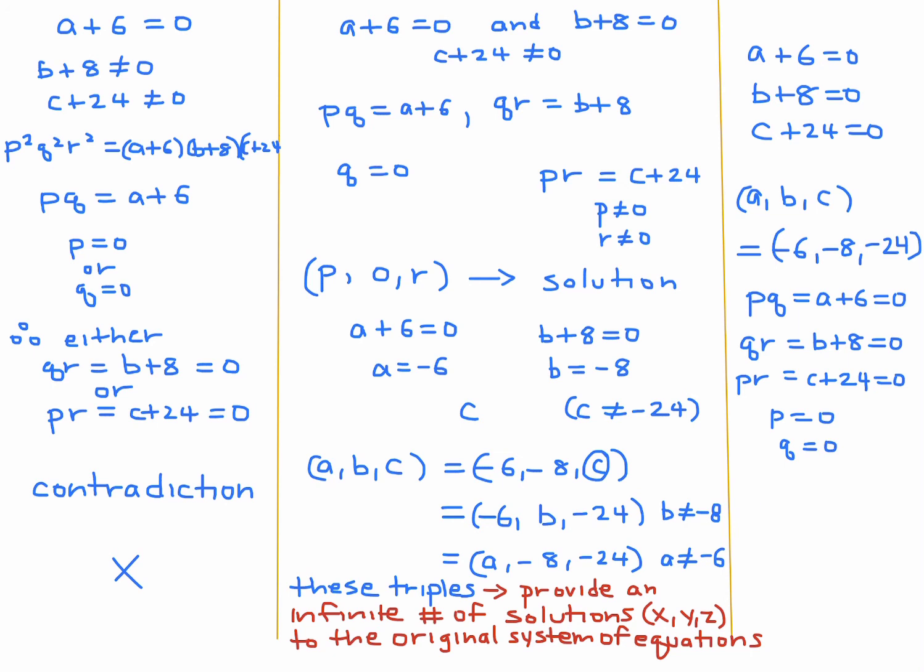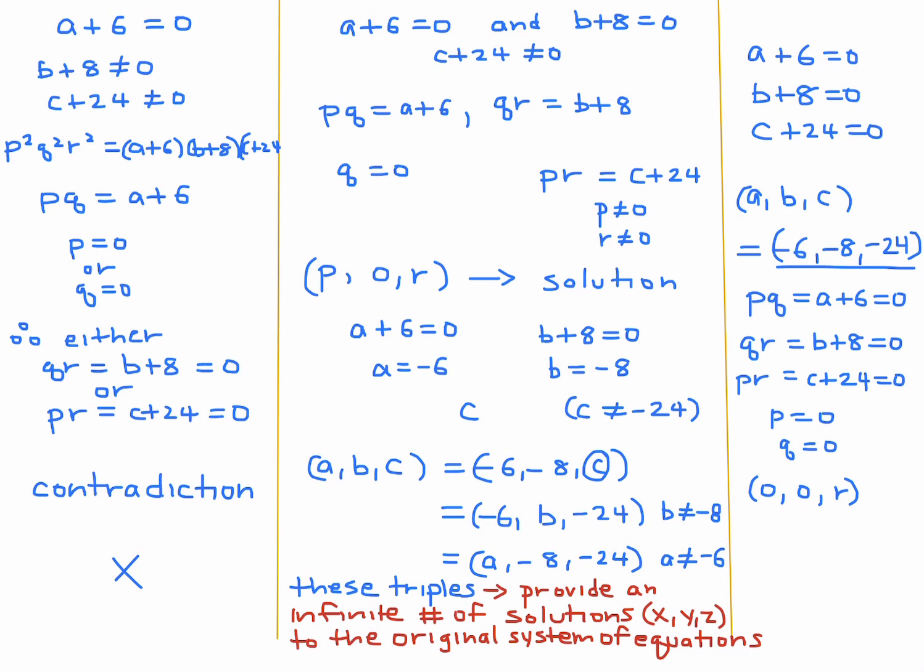So that means if we have P, Q, R as 0, 0, and R, that kind of a triple, that will give an infinite number of solutions because R can be anything. So that also means that this is going to give another scenario where you have an infinite number of solutions. But what's interesting is this is actually included in this. For example, when C is minus 24, it's of that form is what I'm trying to say.